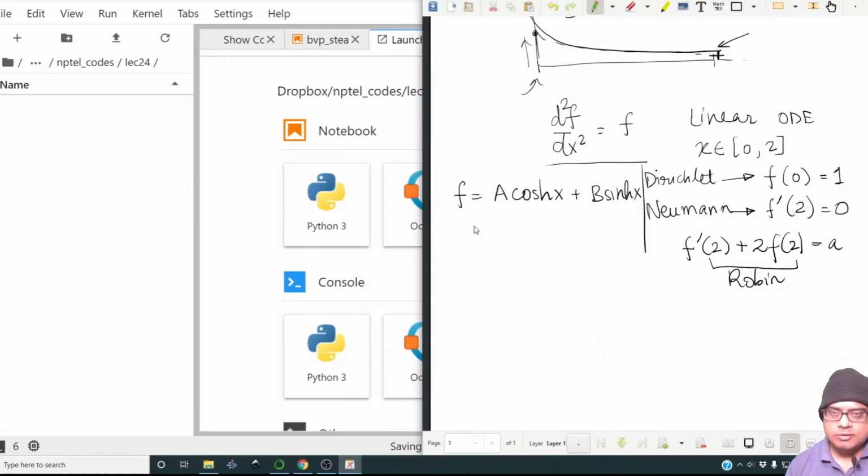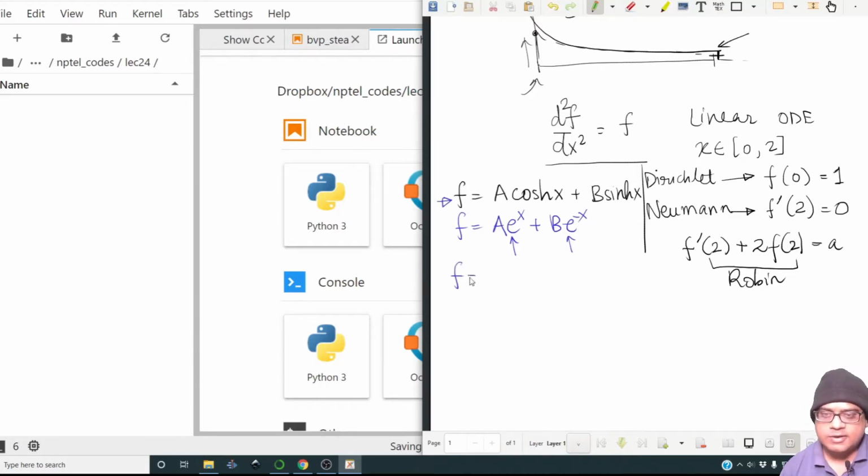You could write the solution for this as a e to the power x plus b e to the power minus x. That is a linear combination of e to the power x and e to the power minus x, where the constants a and b are determined using the boundary conditions. So in fact, let us use this hyperbolic form.